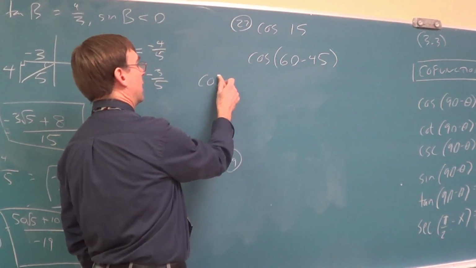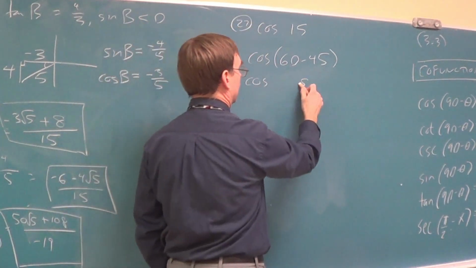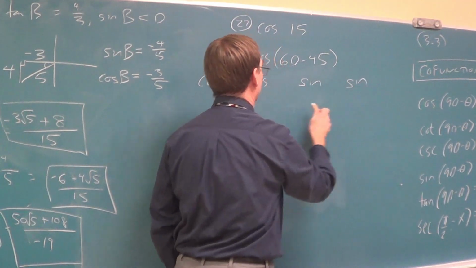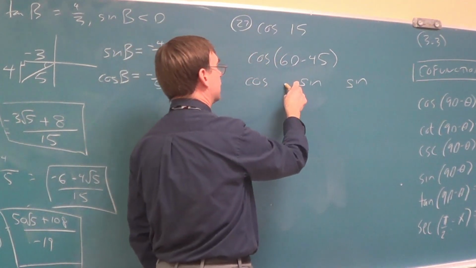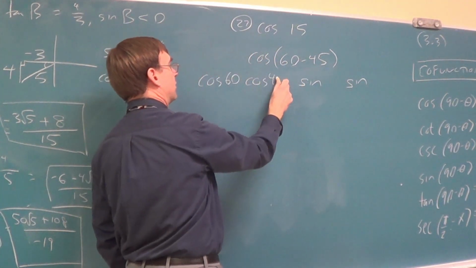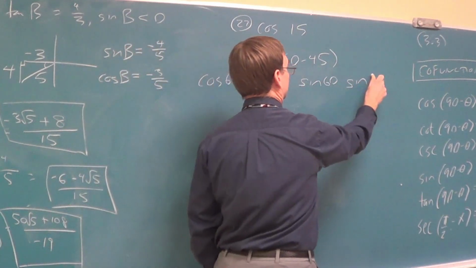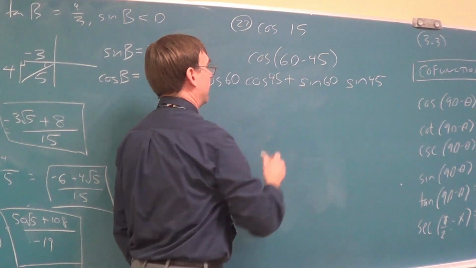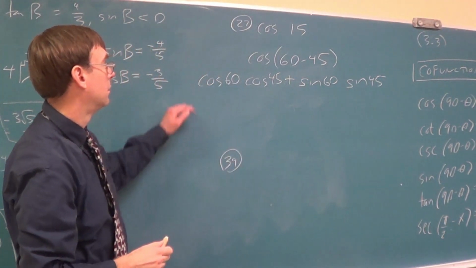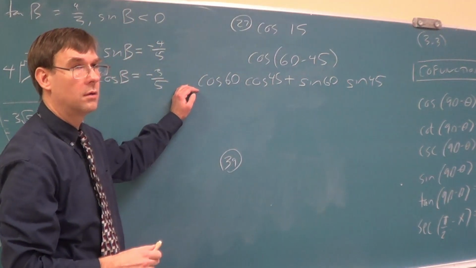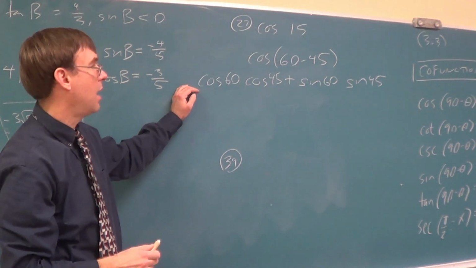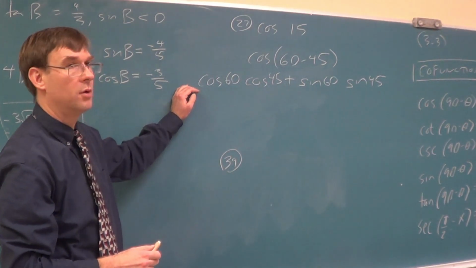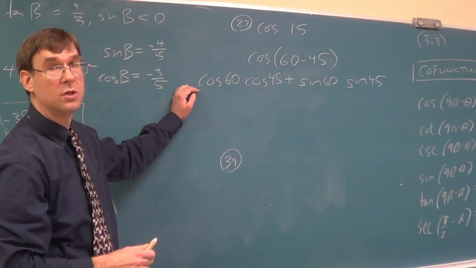So instead of cosine, cosine, sine, sine with A's and B's, I've got 60s and 45s. And the sign on that is an F. Question about how I blasted that one thing out into like a quadruple trig problem? Just use the property.